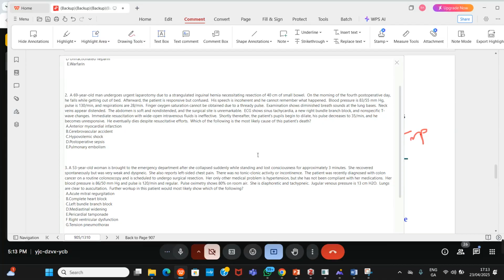His speech is incoherent and he cannot remember what happened. Blood pressure is 83/55, pulse is 130, respiration is 28. Finger oxygen saturation cannot be obtained due to weak pulse. Examination shows decreased breath sounds at the lung bases. Neck veins appear distended. Abdomen is soft, non-distended. Surgical site is unremarkable. ECG shows sinus tachycardia and a new right bundle branch block.